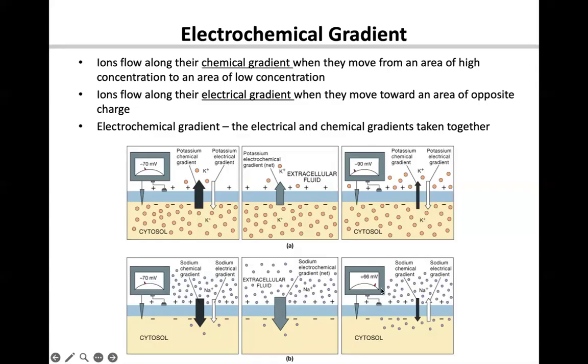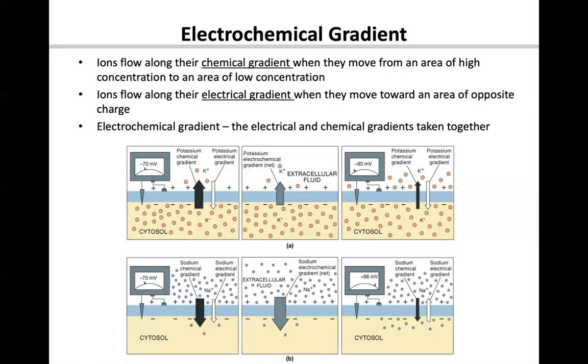I want you to understand that this is positive 66 millivolt, and in case of potassium, that is negative 70 millivolt. We'll learn about equilibrium potential separately, but here, just to make you understand, when both these gradients, chemical gradient and electrical gradient, become equal, it's known as equilibrium potential.